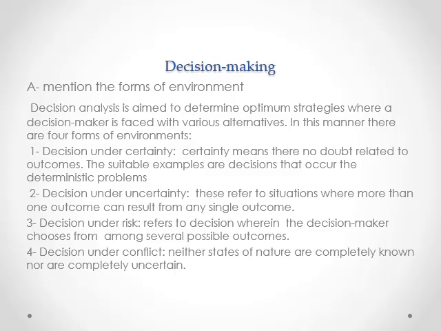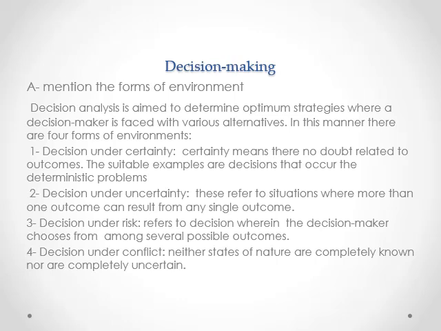So, we will give special attention to this environment. The environment under uncertainty is called uncertainty. Uncertainty is an environment. Certainty is an environment. Risk is an environment. Conflict is an environment.